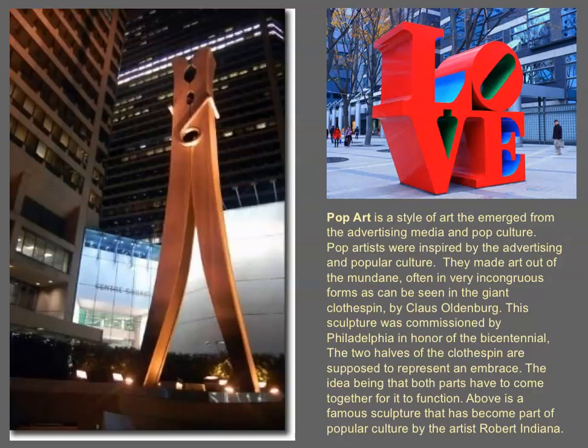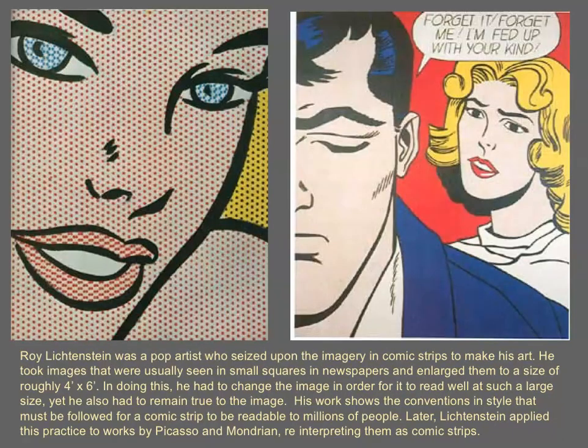Now here's an artist that went a little different direction. This is Roy Lichtenstein, and he was a pop artist, but he seized upon the imagery in comic strips to make his art. He took images that were usually seen in small squares in newspapers, and he made them huge, well, 4 by 6 feet.